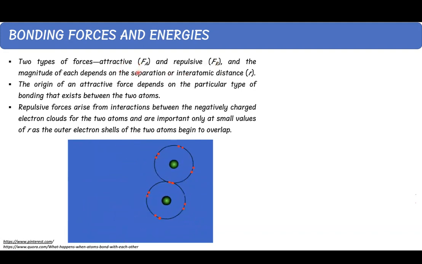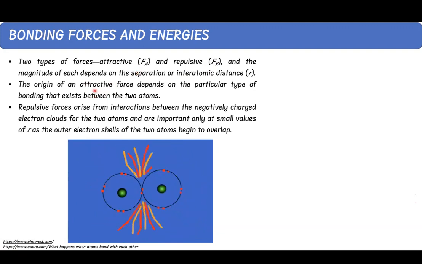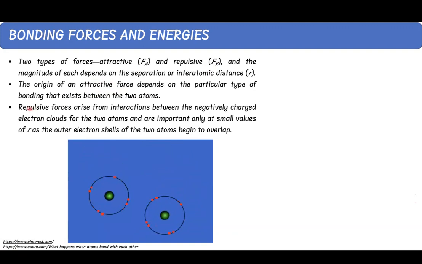The attractive force comes from the different types of bonding between the two atoms: covalent bonds, ionic bonds, metallic bonds. For these different types of bonding, the attractive force will be different. Another one is the repulsive force. The repulsive force comes from the interaction between the electron clouds of the two atoms.